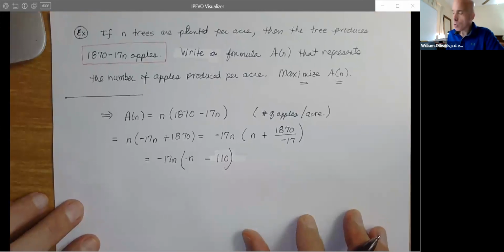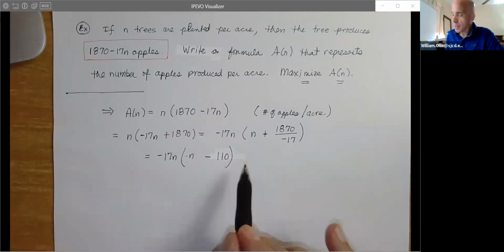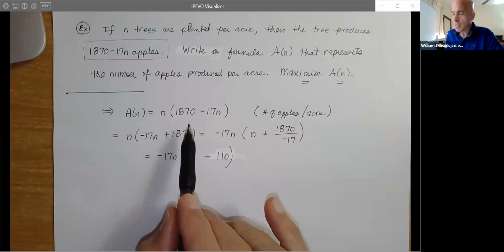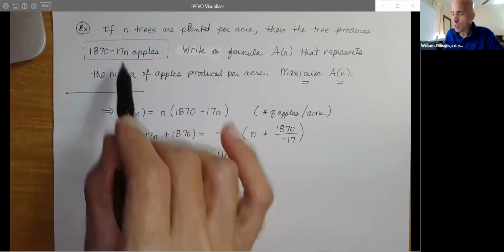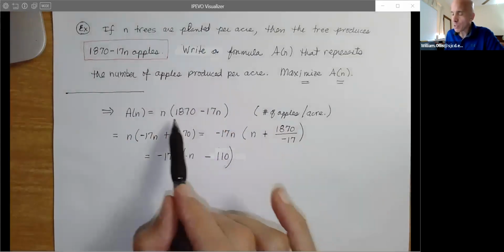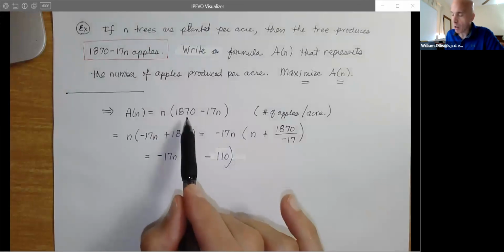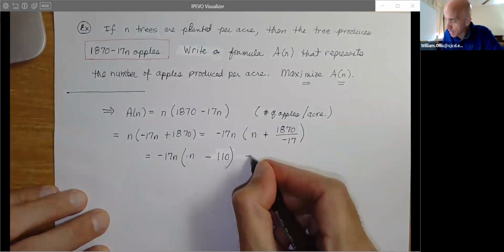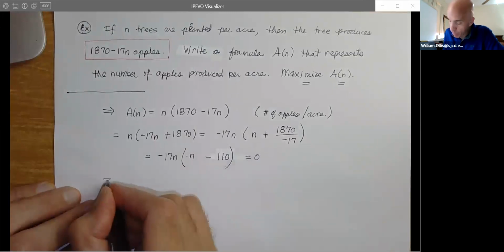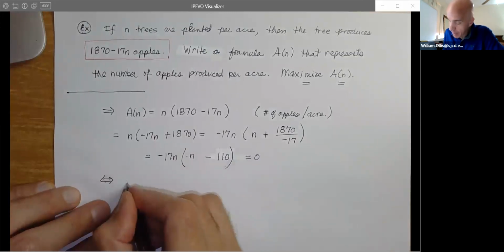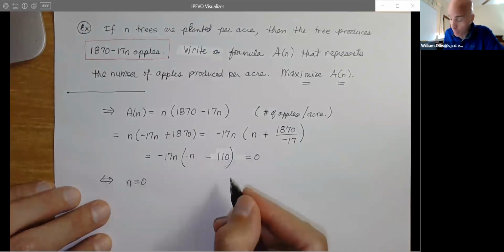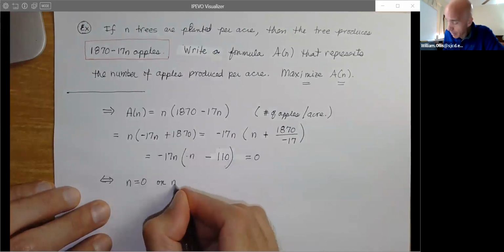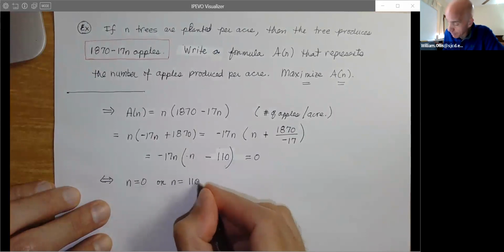Okay, so when we look at this problem, we're thinking, well, this was a little bit easier than the last one because by virtue of how it was set up, you actually get the factored form. All you want to do is clean it up a little bit. Now we can say this equals 0 if and only if n is 0, we knew that for free, or n equals 110.